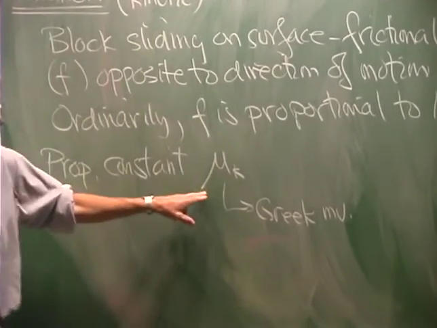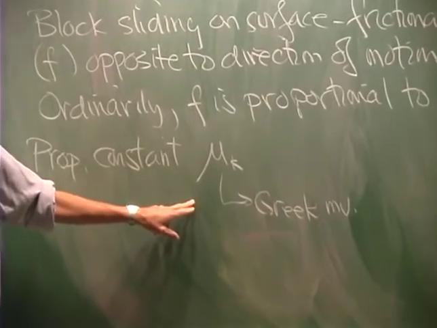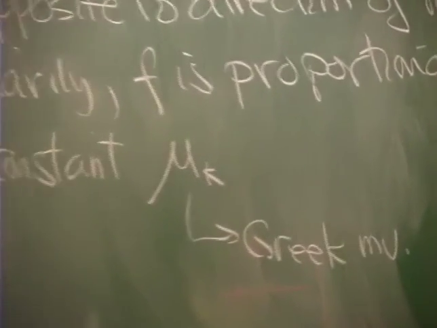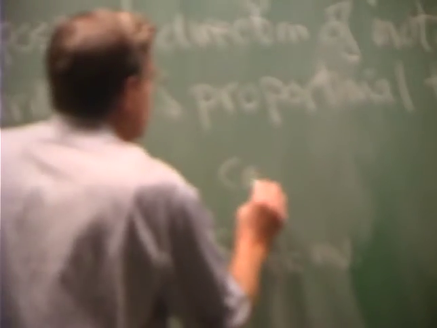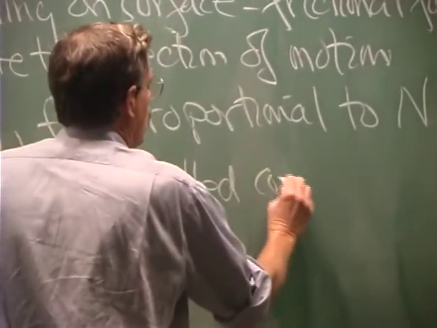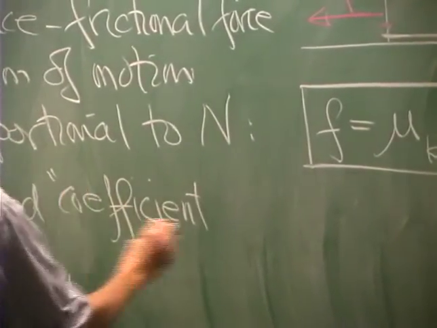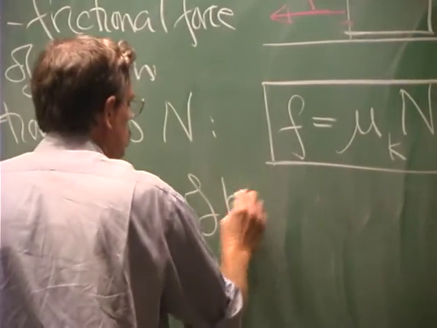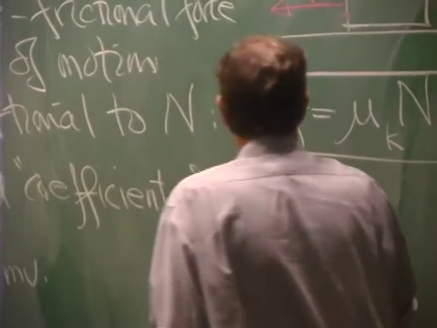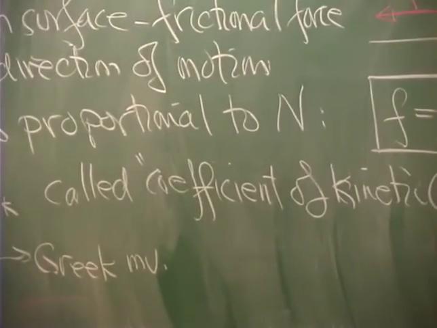To distinguish it from a u, I put a huge old tail on it, which is a little bit of an exaggeration, but for my own purposes, so I don't confuse it with a u. The proportionality constant is called the coefficient of kinetic friction, or sometimes sliding.